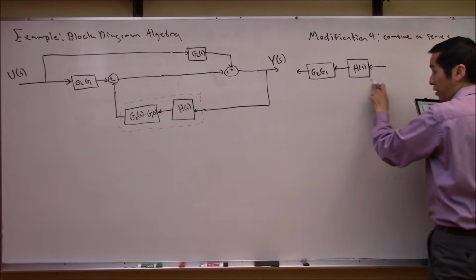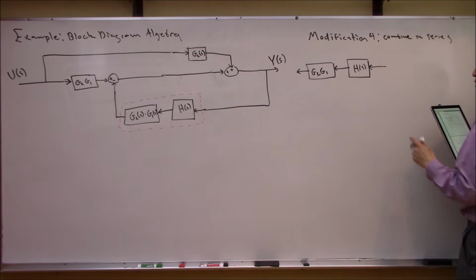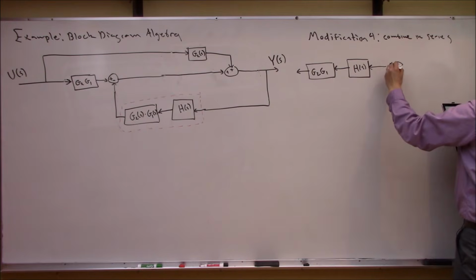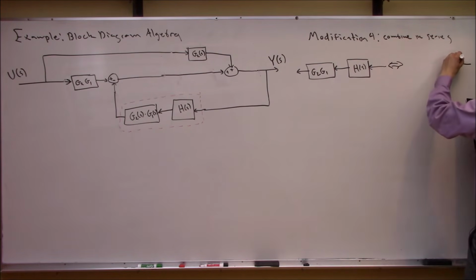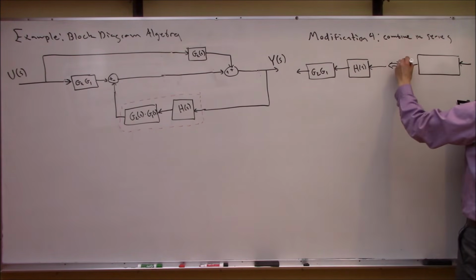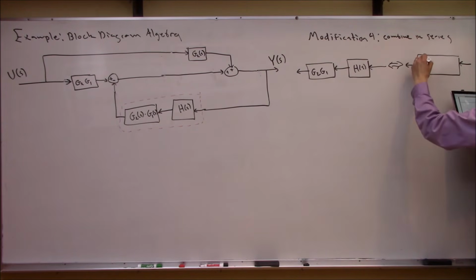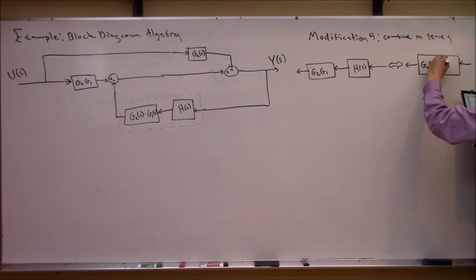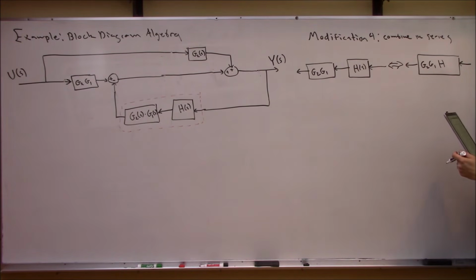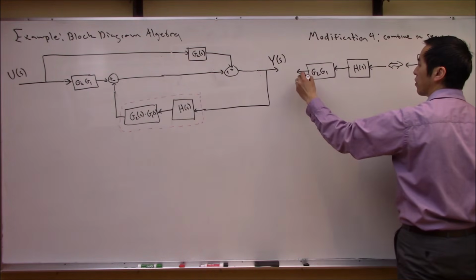And again, we got to be a little careful. Pay attention to which direction the signal flows are going here, right? Because what this is going to mean is I would now like to combine this into a single brick, which looks like it's actually G2, G1, H. Right?